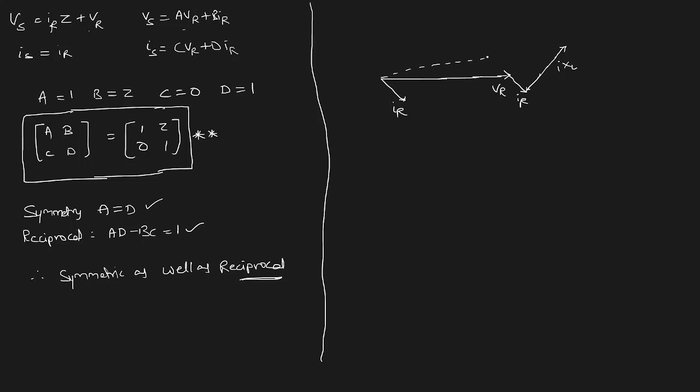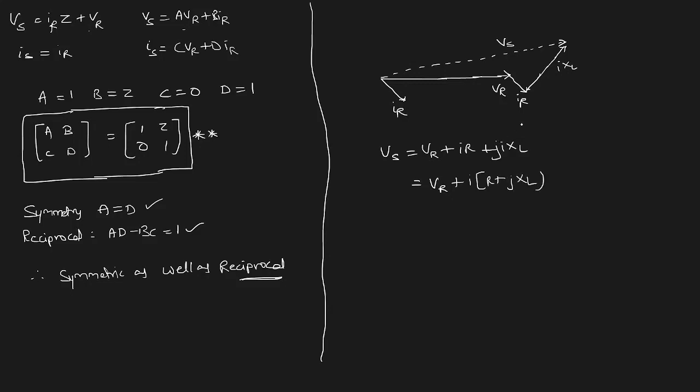Now the resultant of these will be the sending end voltage Vs. We can write Vs equal to Vr plus IR plus IXL. So again we can write this as Vr plus I into (R plus jXL).